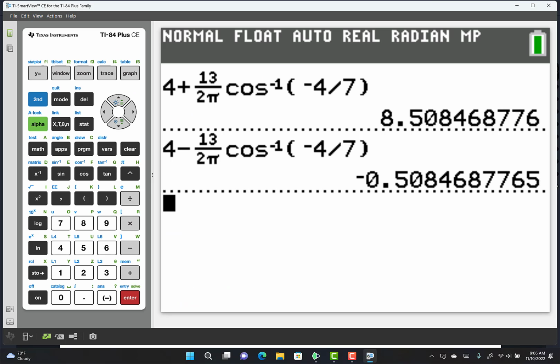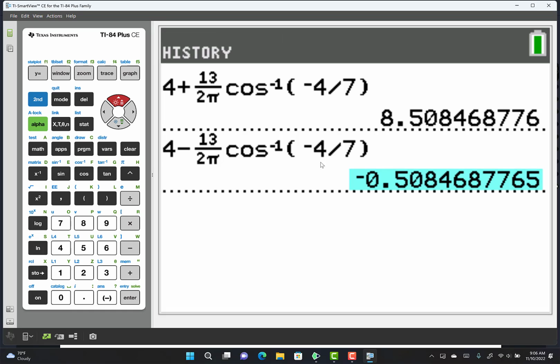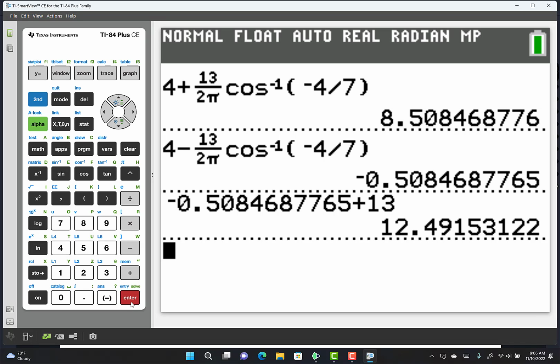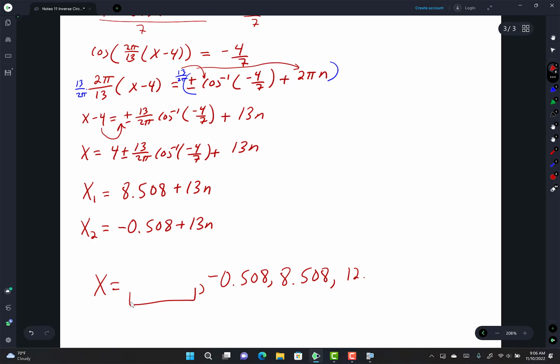So I go to my calculator. I'm going to scroll up. I already have it right there, negative 0.508. Push enter, and then go plus 13. Enter. 12.492. So 12.492, comma.